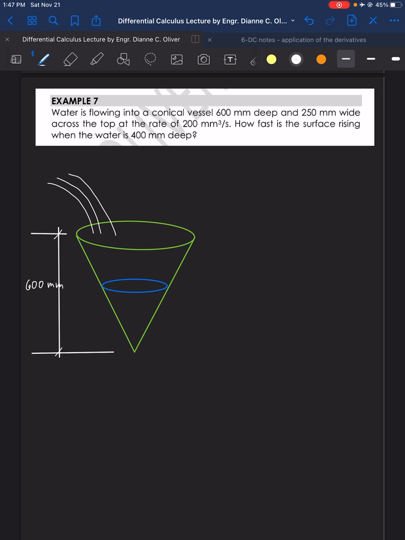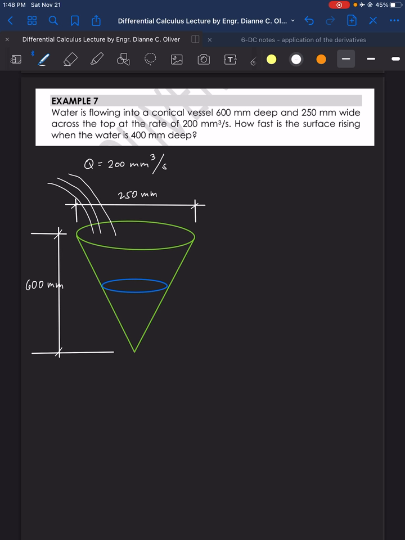So we have there 600 millimeters deep, 250 millimeters wide across the top. And water is flowing at the rate of 200 cubic millimeters per second. So Q is equal to 200 cubic millimeters per second.